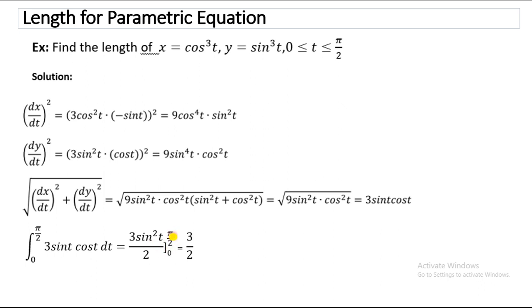At pi over 2, sine is 1, so I get 3 over 2. This is the length of the parametric curve: 3 over 2.